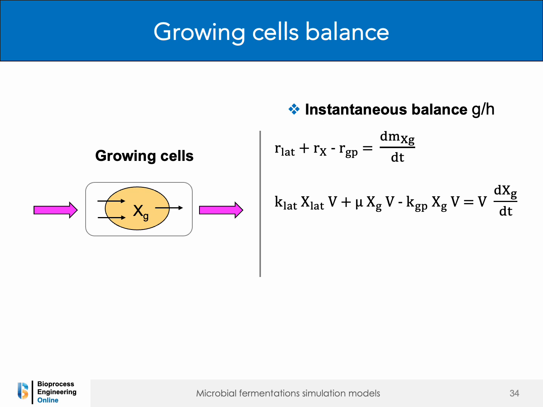Introducing the medium volume V and the specific growth rate mu, the balance relation becomes K_lat x_lat V plus mu x_g V minus k_gp x_g V equals V dx_g over dt. Thus, the differential equation describing the time variation of the growing cell's concentration is dx_g over dt equals K_lat x_lat plus mu x_g minus k_gp x_g.